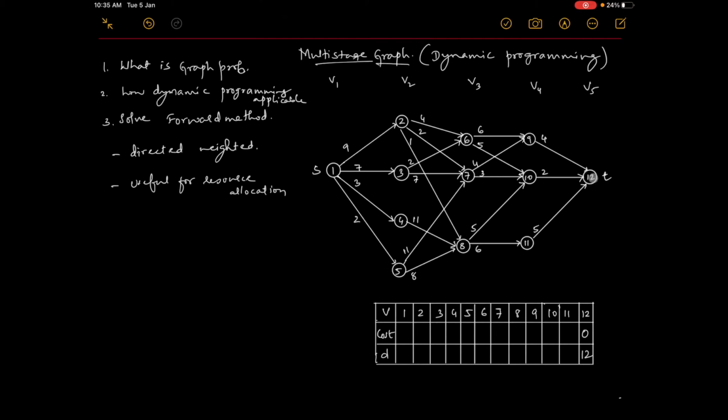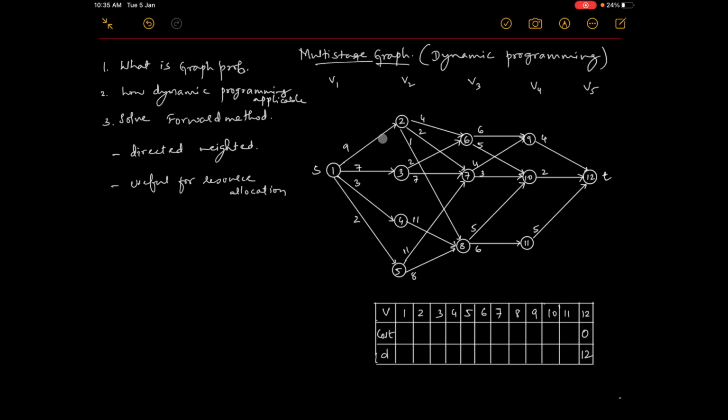The vertex you have chosen to be there is 12, because you are already at 12. What D is we'll understand later, and how it is a forward path. Even though we are coming back from the last edge, we have selected this, later we'll select all this, then all this. Even though we are coming back, how it is a forward method, we will understand later.